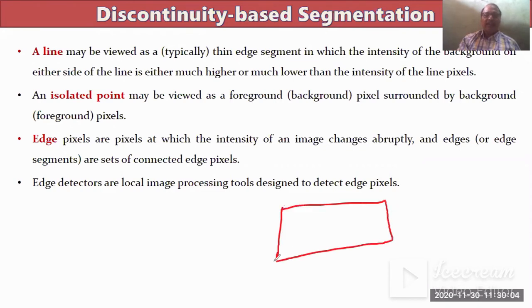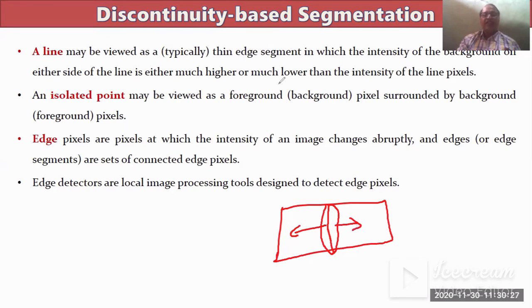So in that image, say this is for example one line. So the intensity of this part will be much higher than this part or much lower than this part. Okay, म्हणजे ह्या लाईन पेक्षा इकडची इंटेन्सिटी किंवा इकडची इंटेन्सिटी जे काय कुठली असेल लाईनच्या दोन्ही बाजूची, it may be higher or something lower. So that will be, a line may be viewed as typically a thin edge.